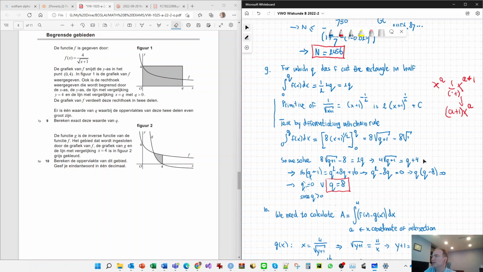You get this, and now you can take the square on both sides and combine like terms, bring everything to one side, factorize, and you get this equation, which has solutions q equal to 0, which we rule out because it's said that q is larger than 0. That means q is 8 is the solution, and that's actually the final answer then.